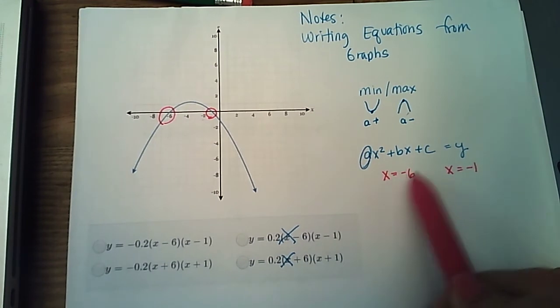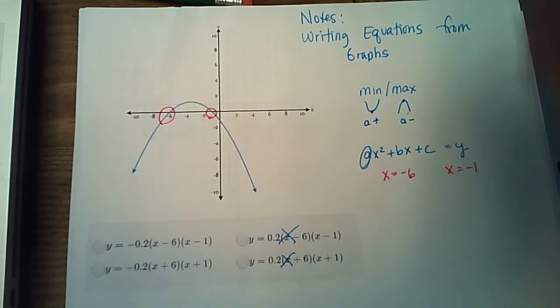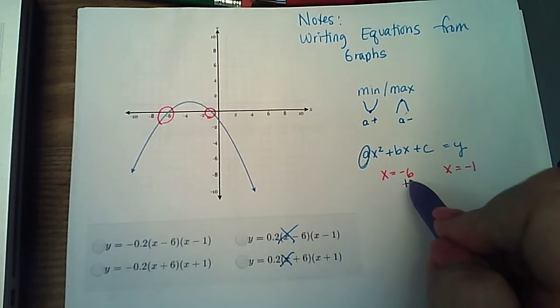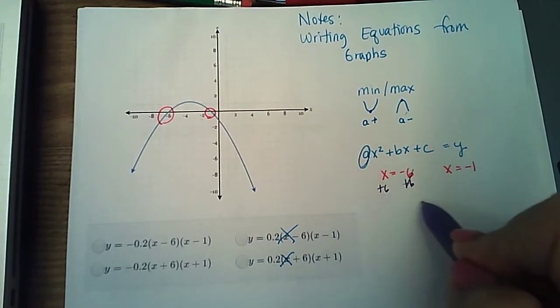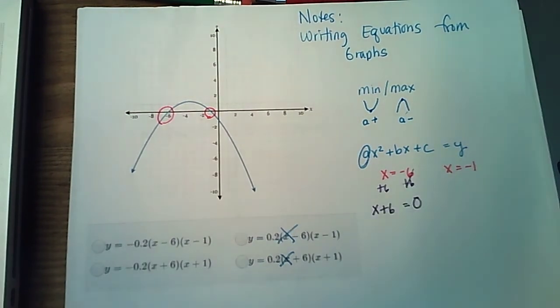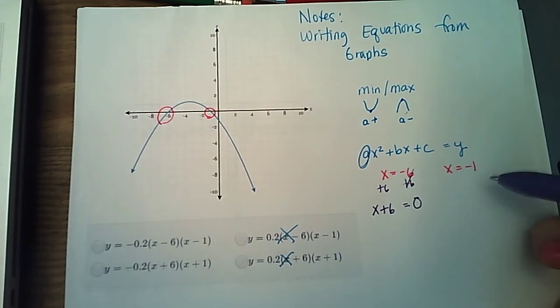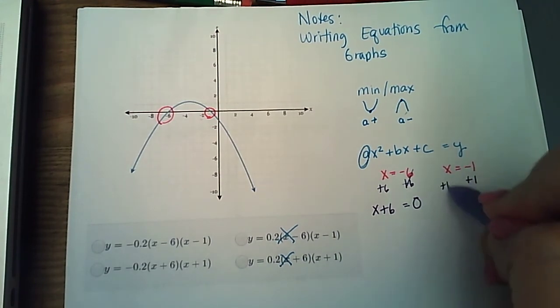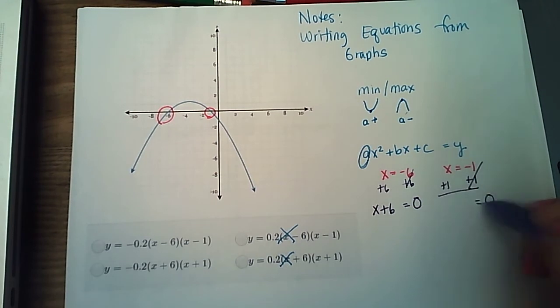Just look at this side here. Let's make it equal to 0. If I want to make it equal to 0, I've got to bring this 6 over to the other side. So it's x plus 6. If I want the other to equal 0, I've got to get rid of that 1. So it becomes x plus 1.